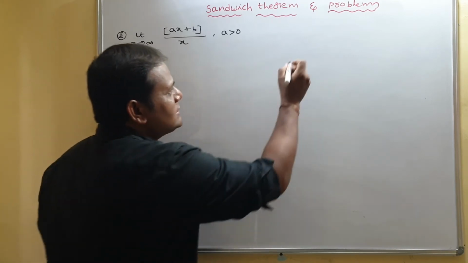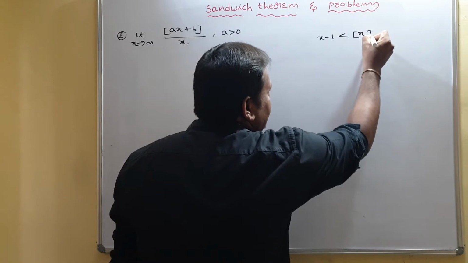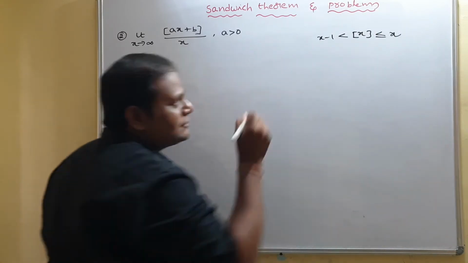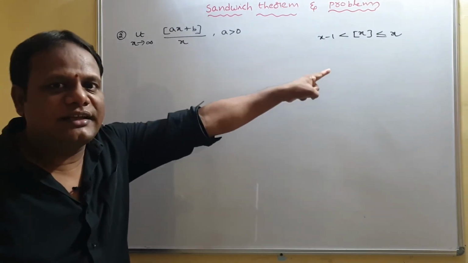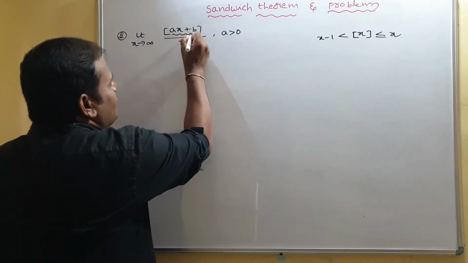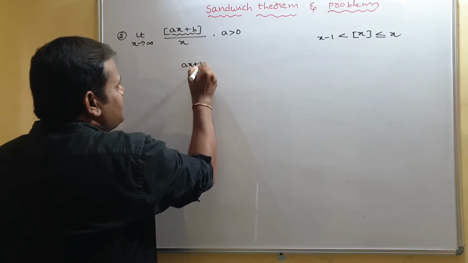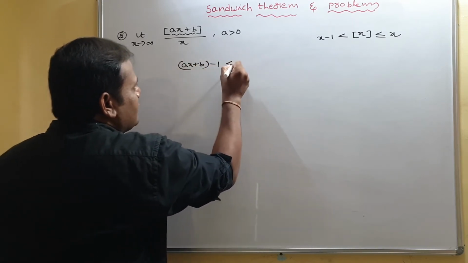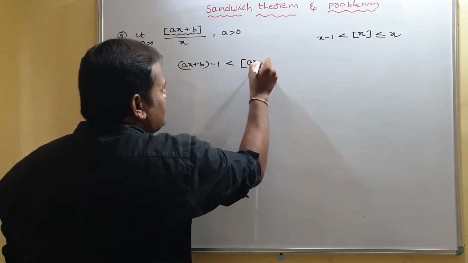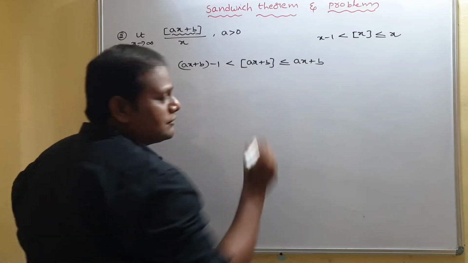What is that inequation? That is x minus 1 less than step x less than or equal to x. So I am going to use that inequation again. See here, in place of x we have this. So you can take that ax plus b minus 1 less than step ax plus b less than or equal to ax plus b.